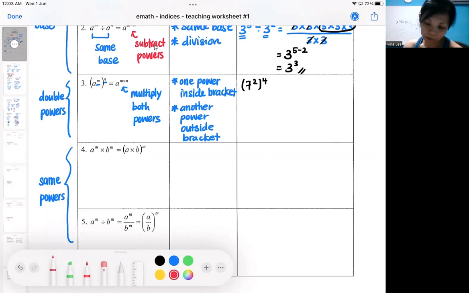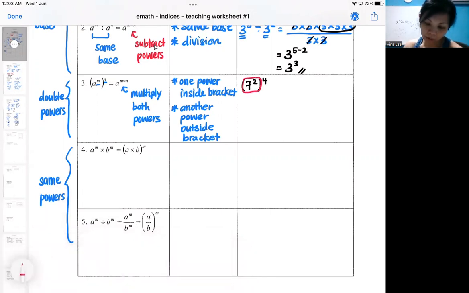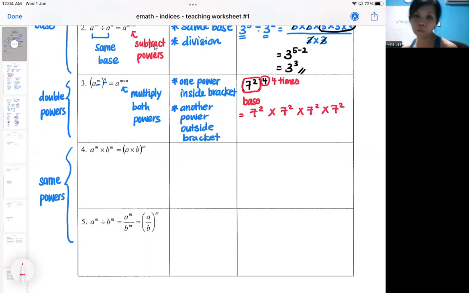So if you look here, in a way, this one is the base, and this base is repeated 4 times. So let's think about it. This times this times this times this. So it's actually repeated 4 times.